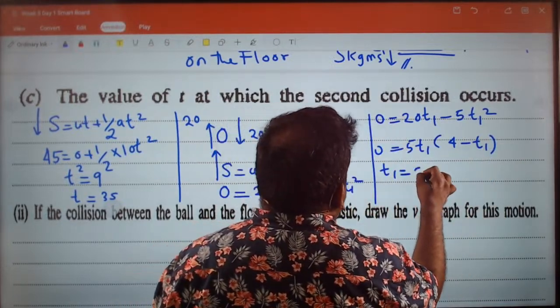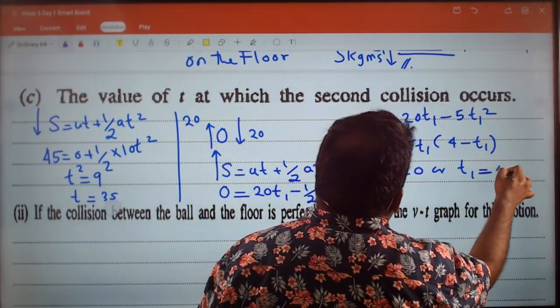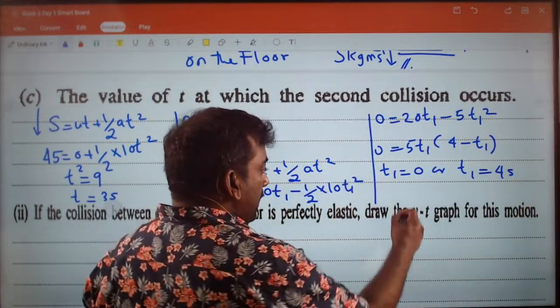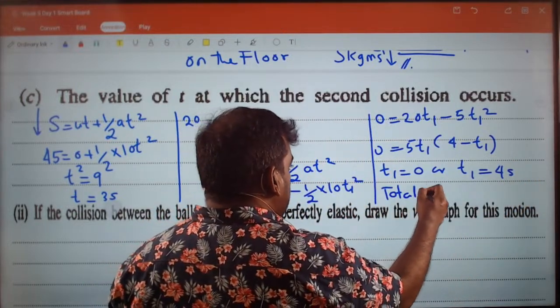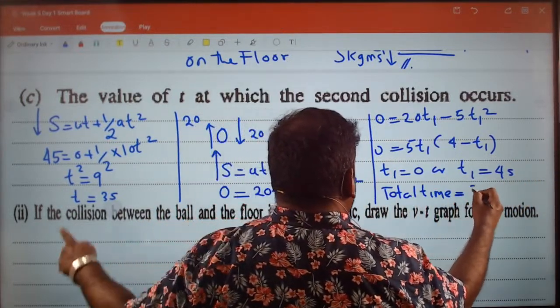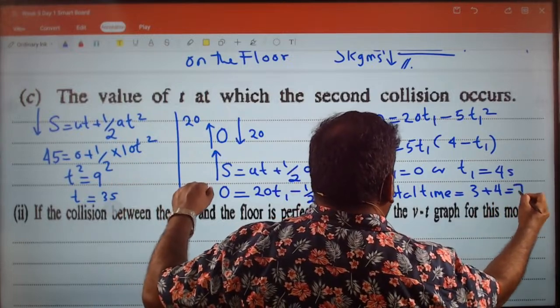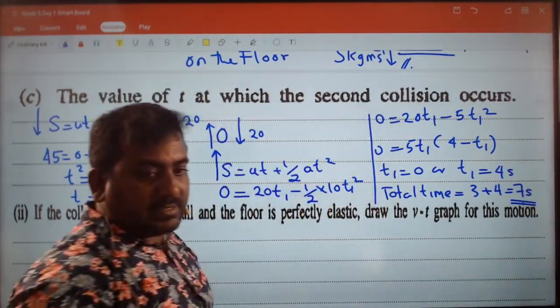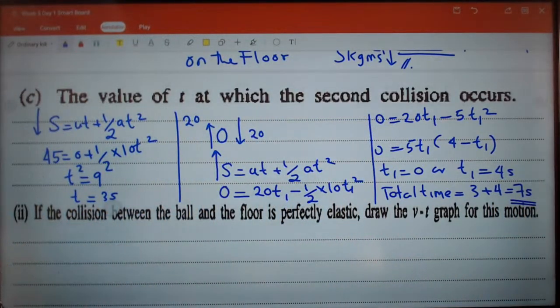T1 equals 0 or T1 equals 4 seconds. So total time is 3 seconds first, 4 seconds now, altogether 7 seconds.